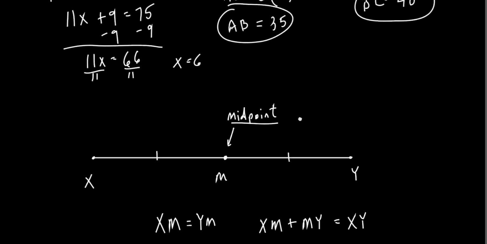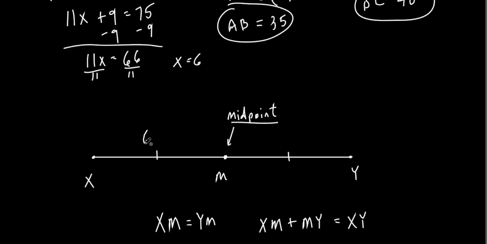What if I said, let's use those same numbers. What if I said this is 6x minus 1, and the other one is 5x plus 10? What would I do? And that's all they tell you.